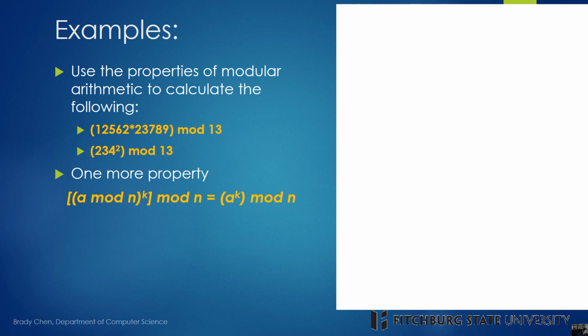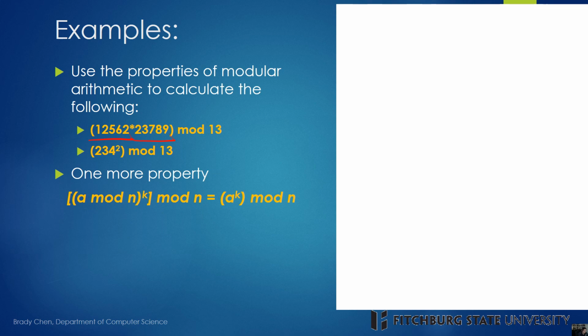So first example, we try to use the properties of modular arithmetic to calculate the following. First one, 12,562 times 23,789, and then the result is taken mod 13. Now if we don't use the property, we have to multiply two big numbers, get the result and do the modular operation.